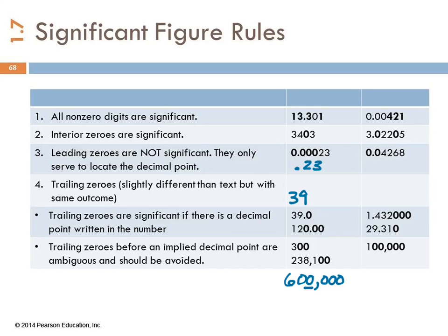How would we indicate that there was uncertainty in the thousands place? We could put a plus or minus. We could say plus or minus 1,000. The other thing we could do is put this number in scientific notation. Because in scientific notation, all the insignificant zeros go away. The leading zeros and these ambiguous trailing zeros.